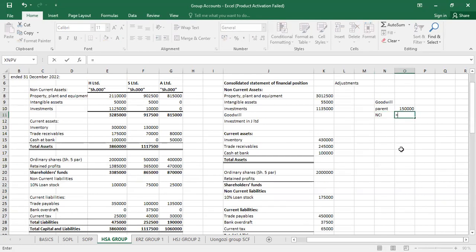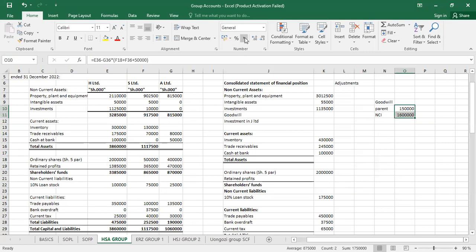Equal. So this is why I was telling you the share price cannot be 80. You've been told the share price was 80, then you don't divide first, you multiply by the number of shares, divide by 5, the value per share, times the shareholding of NCI, which is 20%, so 0.2.